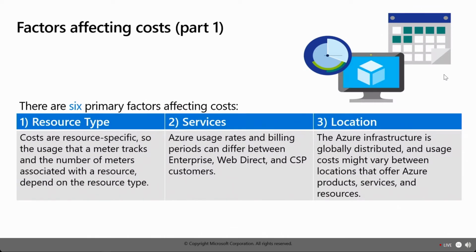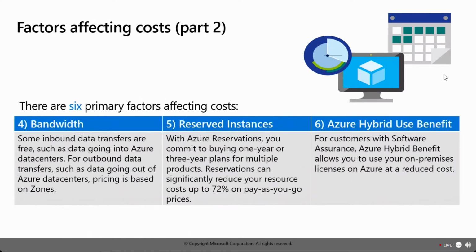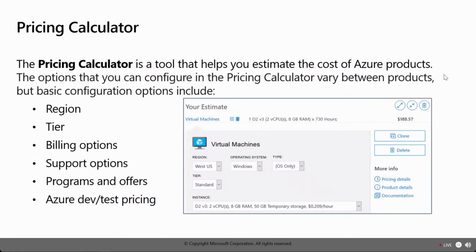So when you can, select a lower cost region. When it comes to bandwidth, you're going to pay for those outbound transfers. So if you are crossing billing zones, there will be a charge. So try to keep all of your regions in the same billing zone. But there are other ways to save money, whether you're choosing reserved instances or you're taking advantage of the hybrid benefit. Let's go ahead and put that all together in the pricing calculator.